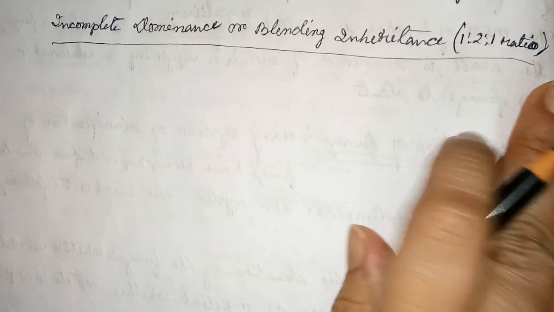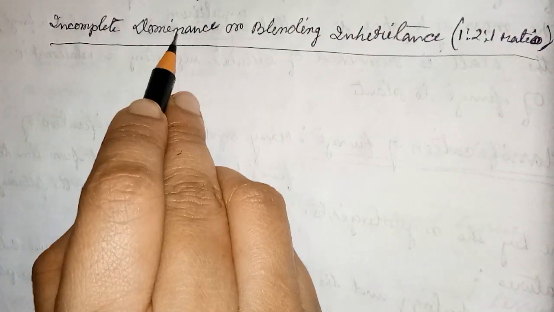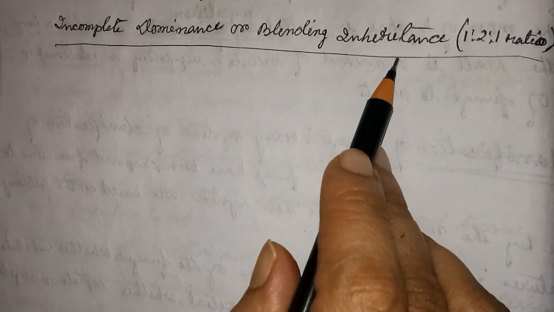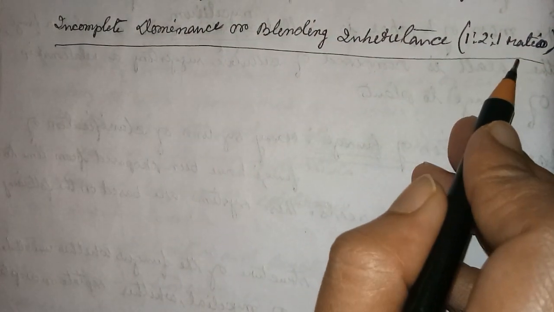Now let's start with incomplete dominance, or the blending inheritance, that is 1:2:1 ratio.